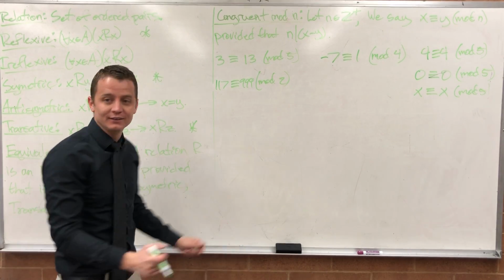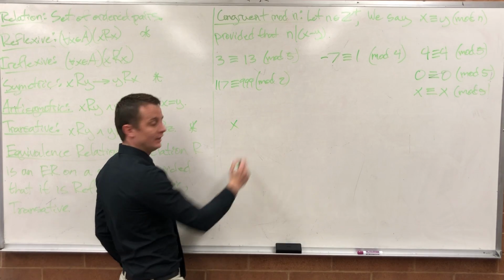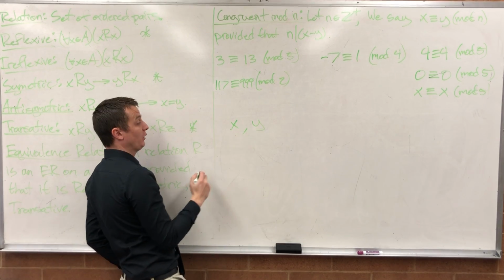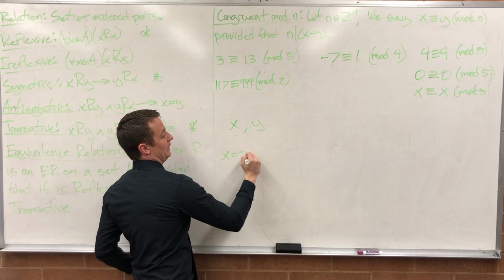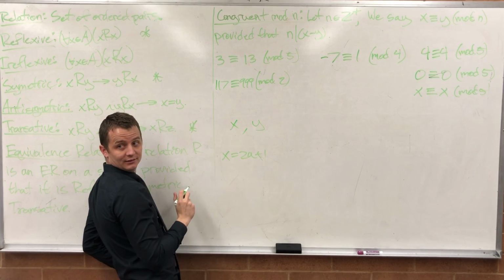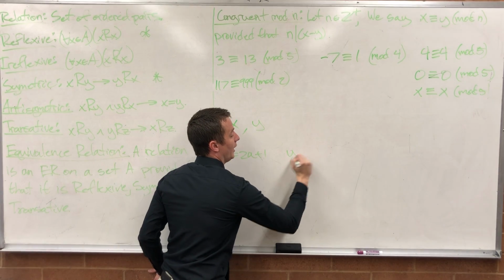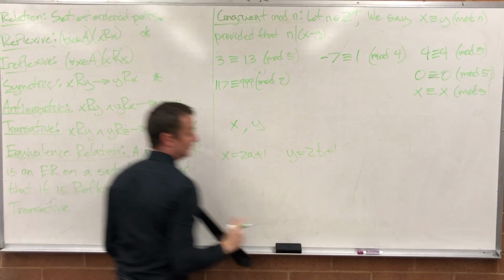Do we need to prove that? Let's say x is odd and y is odd. If x is odd, then x can be written as 2a plus 1. And if y is odd, then y can be written as 2b plus 1.